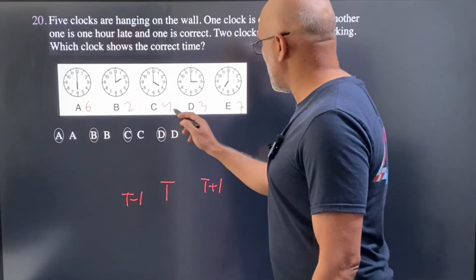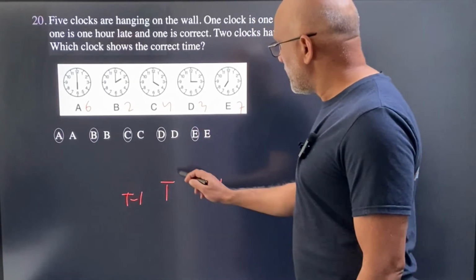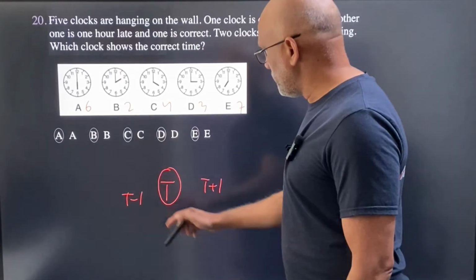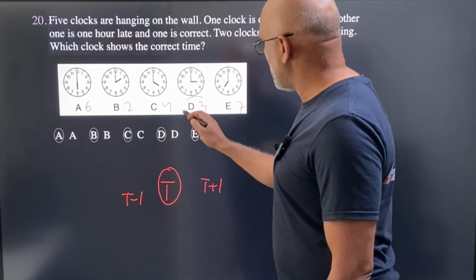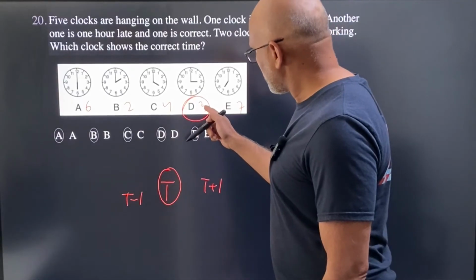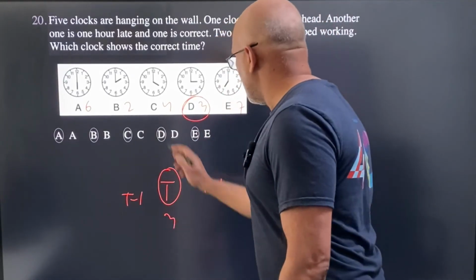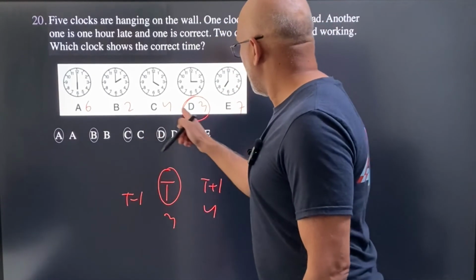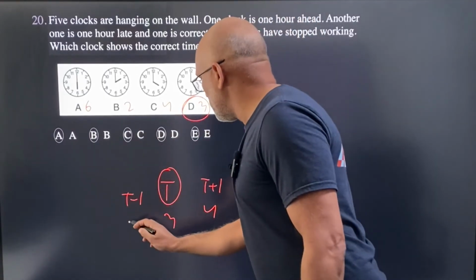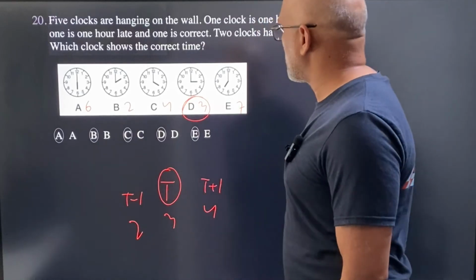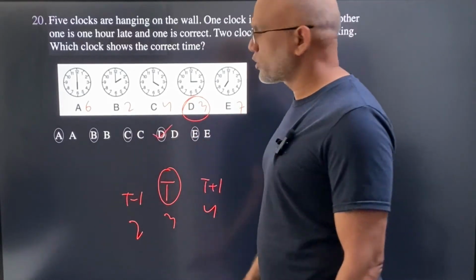So basically 2, 3 and 4 are the consecutive numbers, and the middle one is the correct time. One is late, one is ahead, and the middle one has to be 3, right? So this has to be 3, this is 1 hour ahead, 4, and T minus 1 is 2, this is 1 hour late, so T is the correct one, then D is the correct choice.